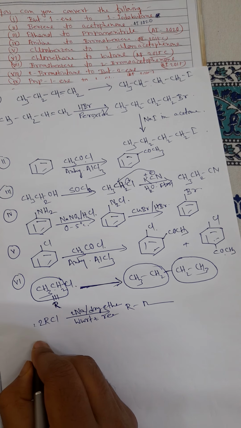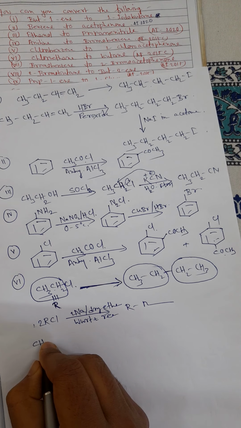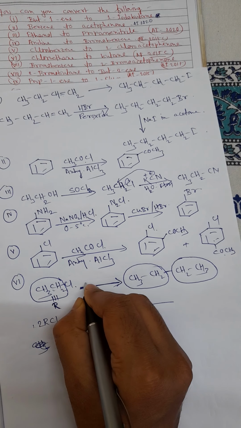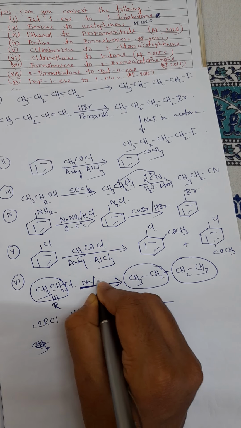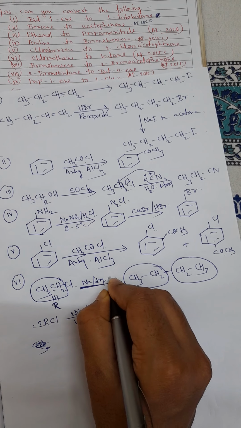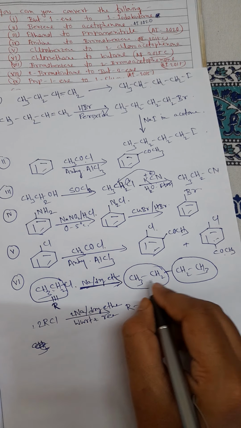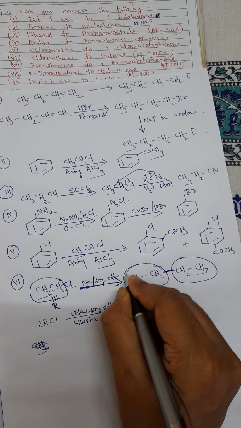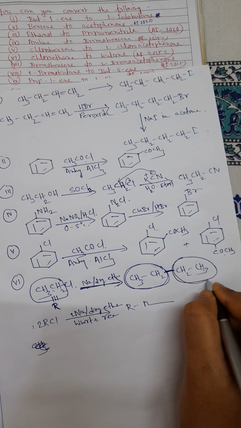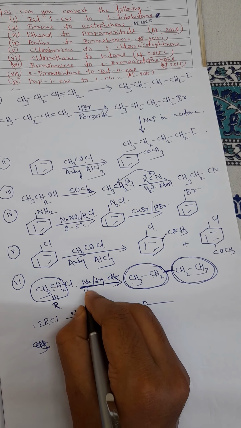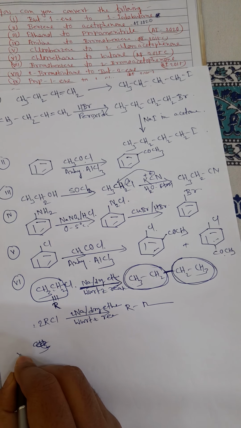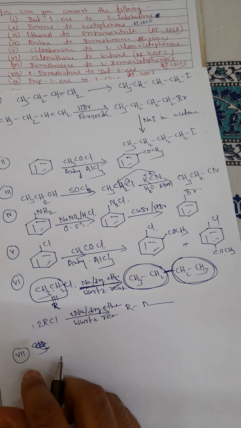So here CH3CH2Cl, when treated with sodium in dry ether, gives CH3CH2-CH3CH2. This reaction is the Wurtz reaction.